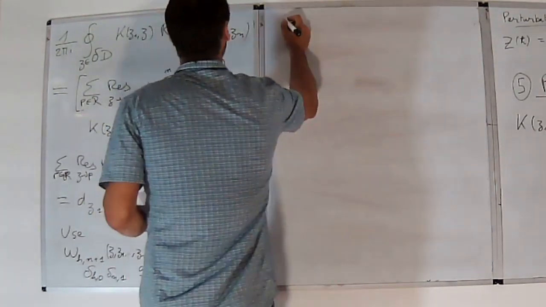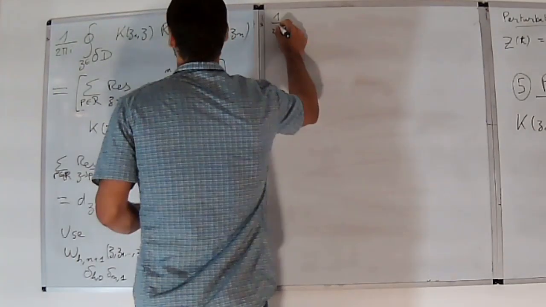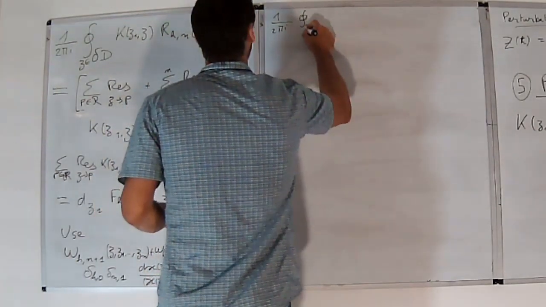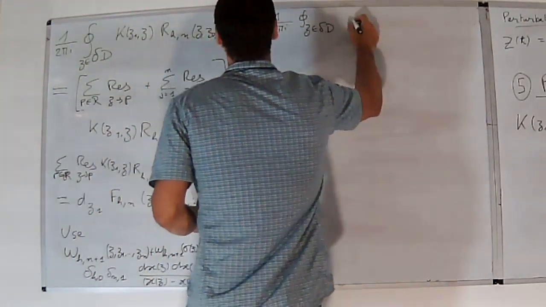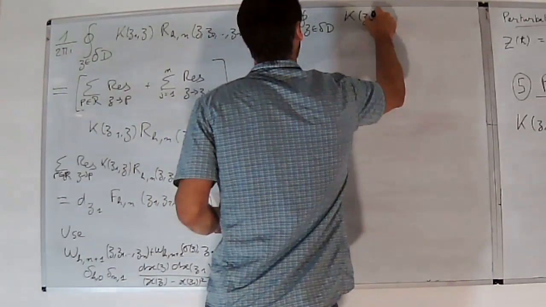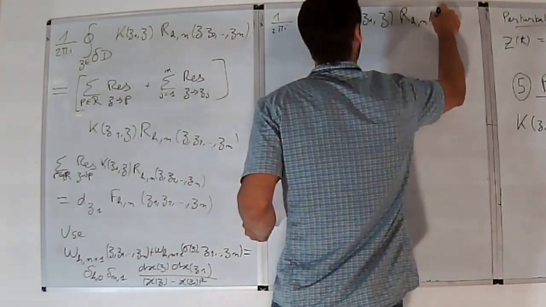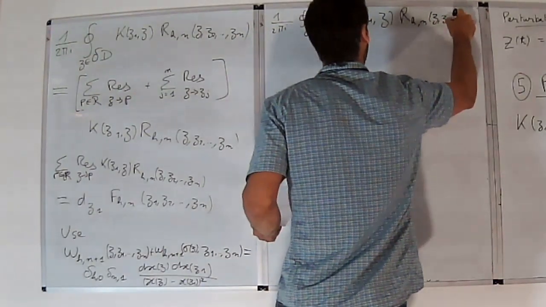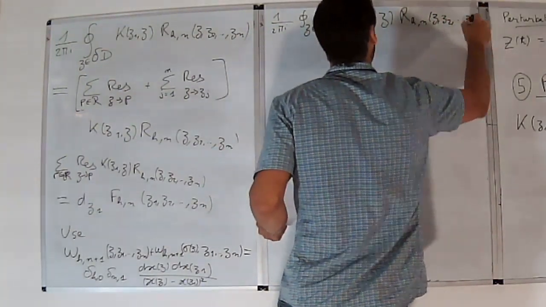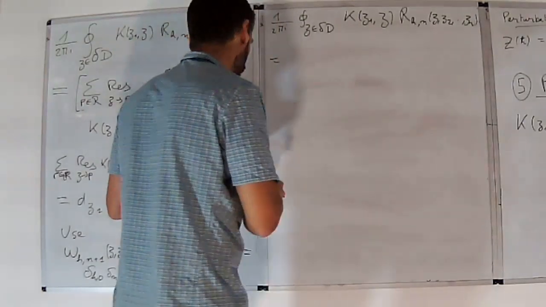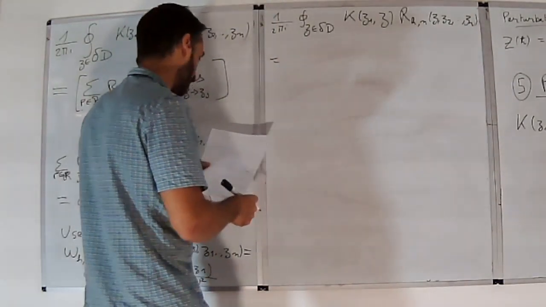So you have that this guy, 2 pi, is equal to, and here there is a big formula.